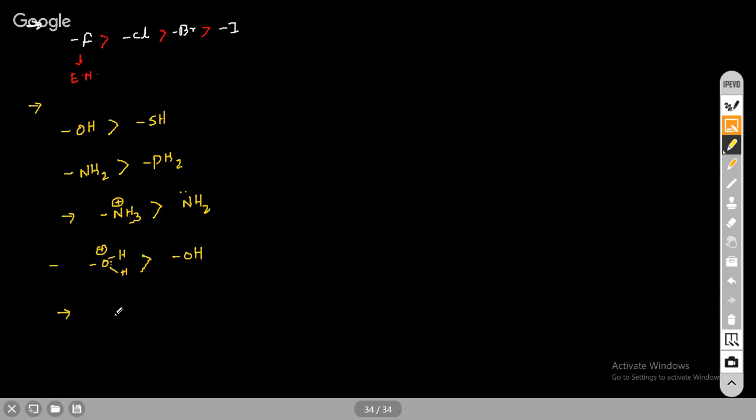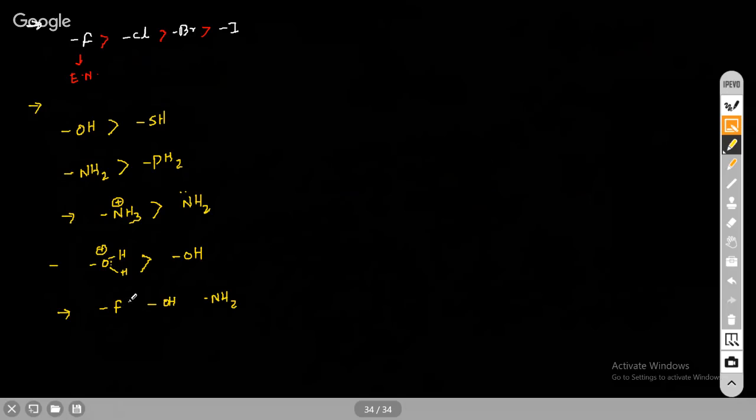Next one you see, if I ask you to compare this, F, OH and NH2, what is the answer in this? FOH and NH2. In this, if you compare fluorine, oxygen, and nitrogen, right?